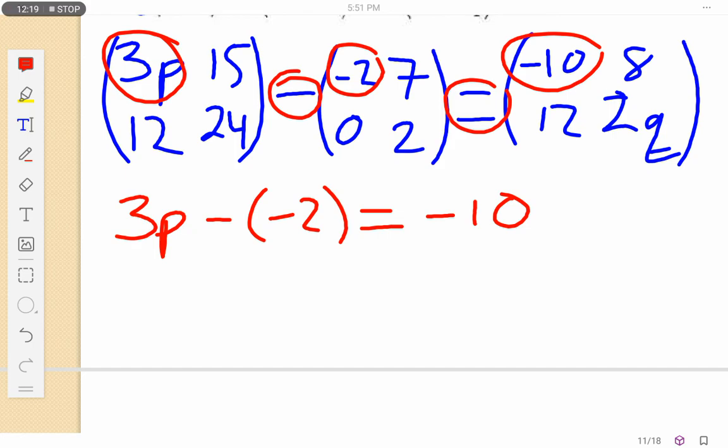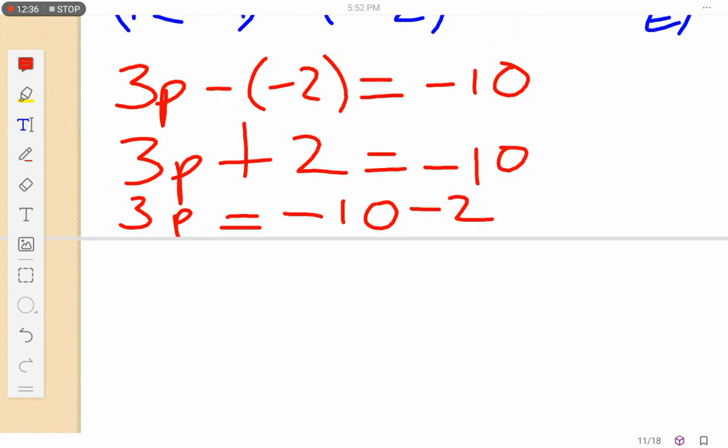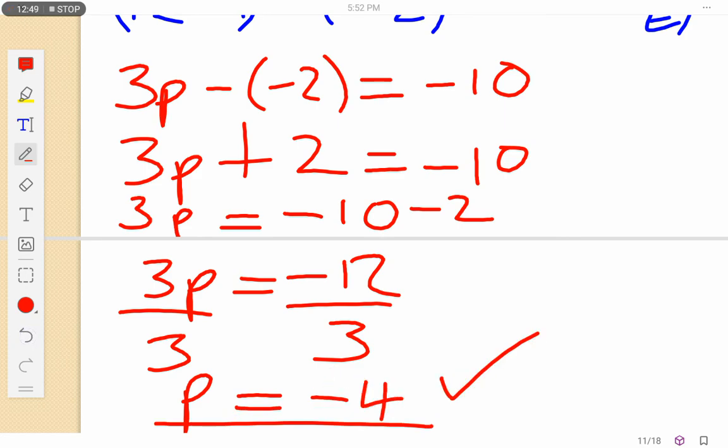This becomes 3p is equal to minus 10 plus 2. Okay, so we have 3p is now equal to minus 8. We divide by 3 both sides. We get our p value. Okay, so this is the value of our p.